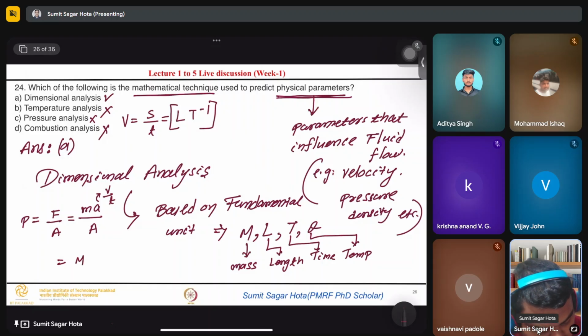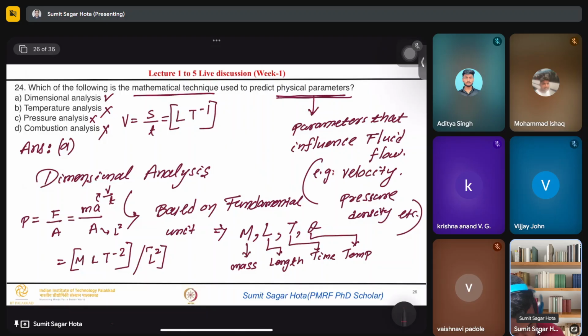Again one more T will come, so M L T minus 2, divided by area. What is area? Length square. So it will be M L minus 1 T minus 2.